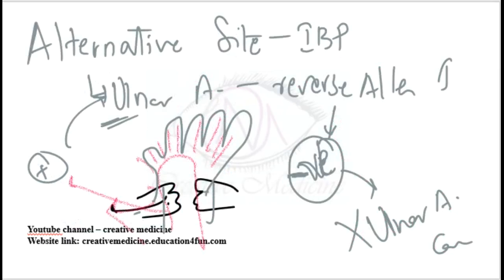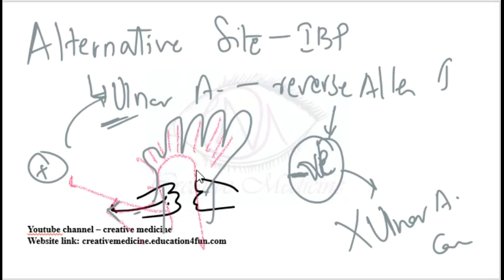Then what are the other sites where you can do invasive blood pressure monitoring? It can be done on the ulnar artery. But before we do the ulnar artery, we have to do the reverse Allen's test. Reverse Allen's test is similar to Allen's test, where you occlude both radial and ulnar arteries with both your hands. But now you will release the radial artery and see whether it is patent or not.